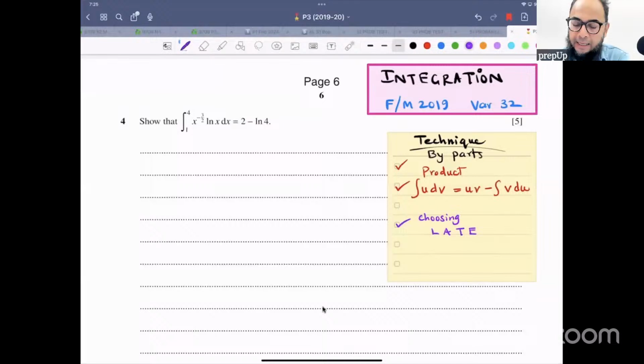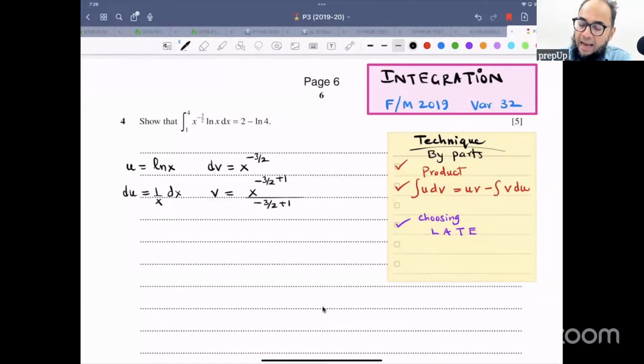Now over here, we have x raised to the power of negative 3 over 2 multiplying with ln x. So I'll write u equals ln x, and dv equals x raised to the power of negative 3 over 2. Now we differentiate u. Therefore du is 1 over x dx, and v is the integral of this: x raised to the power of negative 3 over 2 plus 1, divided by the new power, negative 3 over 2 plus 1.